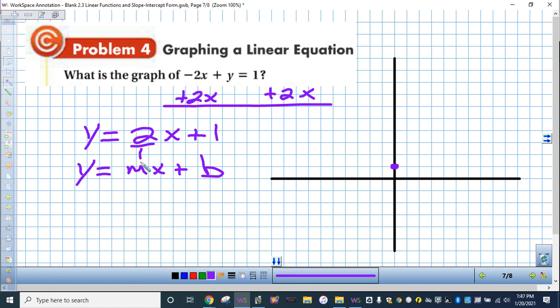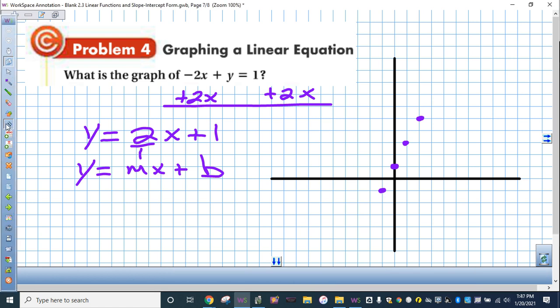So from this spot right here, we go up 2, right 1. Up 2, right 1. Sometimes you run out of room on your graph and you also have to go down 2, left 1. That can happen as well. No big deal, you just count the opposite direction. And then draw your line and we're done.